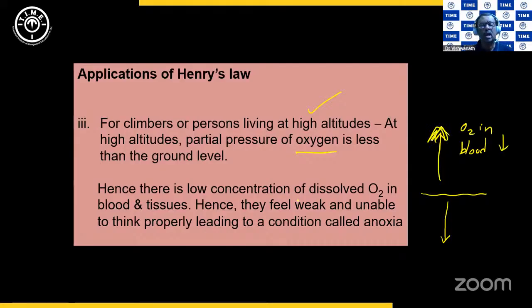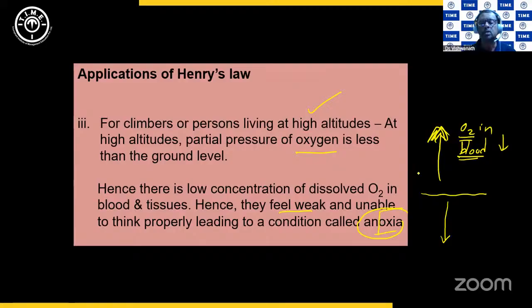So sometimes what happens, because of the deficiency of oxygen, the person feels weak. The thinking abilities will come down, and this condition is called anoxia. Anox means less oxygen, deprived of oxygen.